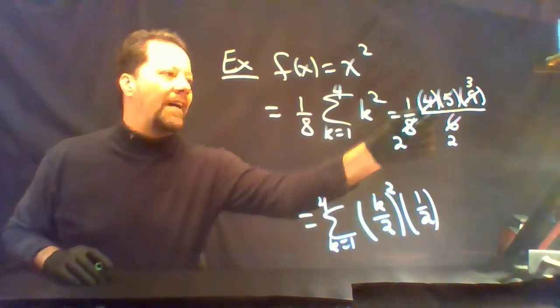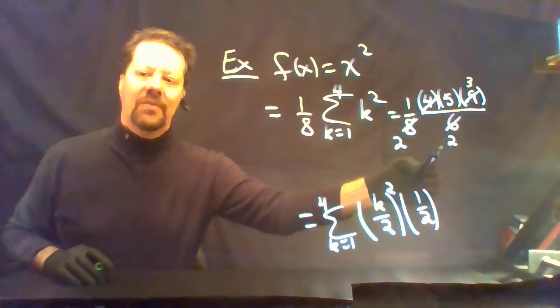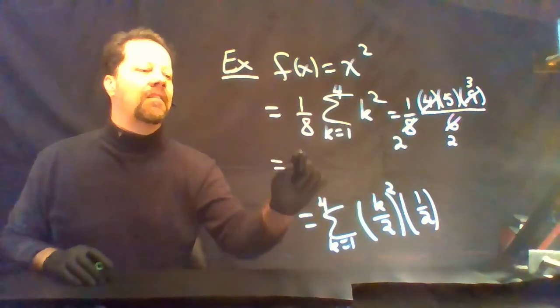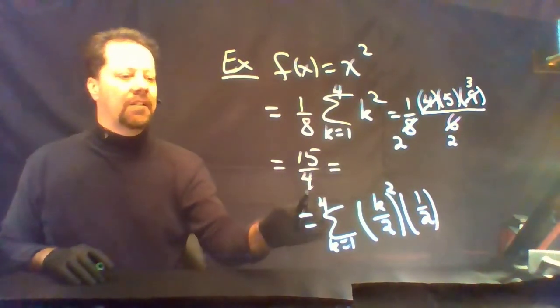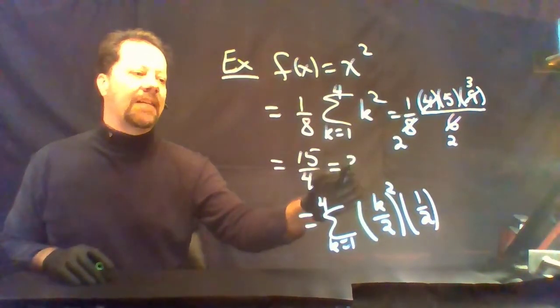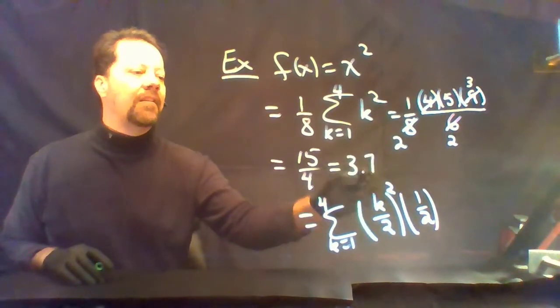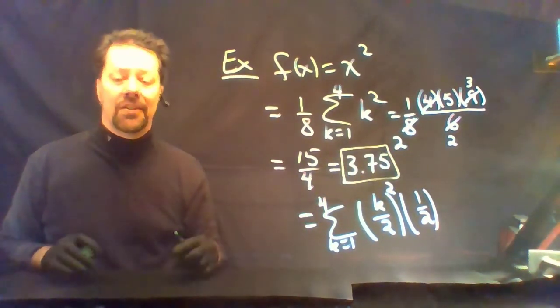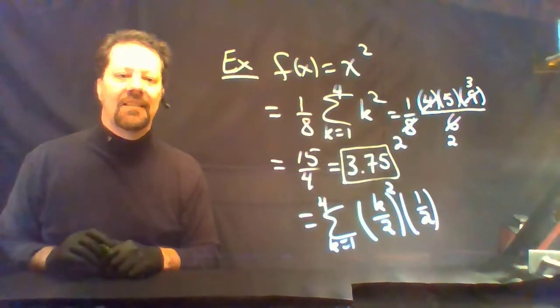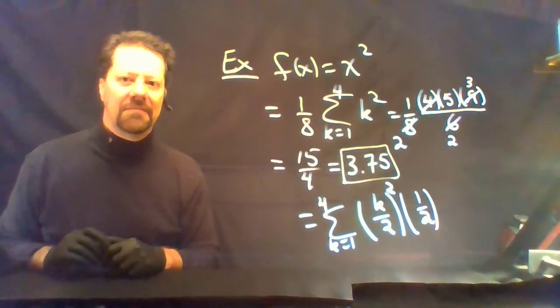We're left with 5 times 3, which is 15, divided by 4. 15 goes into 4 3 times with a remainder of 3. So we are estimating the area, and this should be an overestimate, of 3.75.